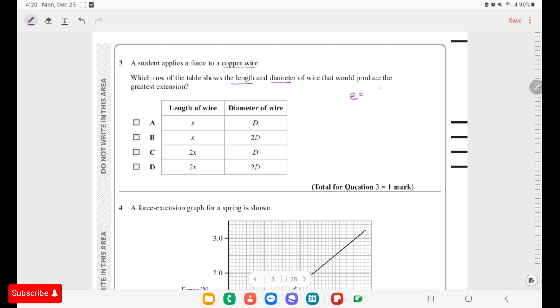Young modulus is equal to stress over strain. Stress can be broken down into force over area, which is pi r squared, considering this is a circular cross section, divided by strain, which is extension over original length. So if you rearrange it, this is how the equation would look.